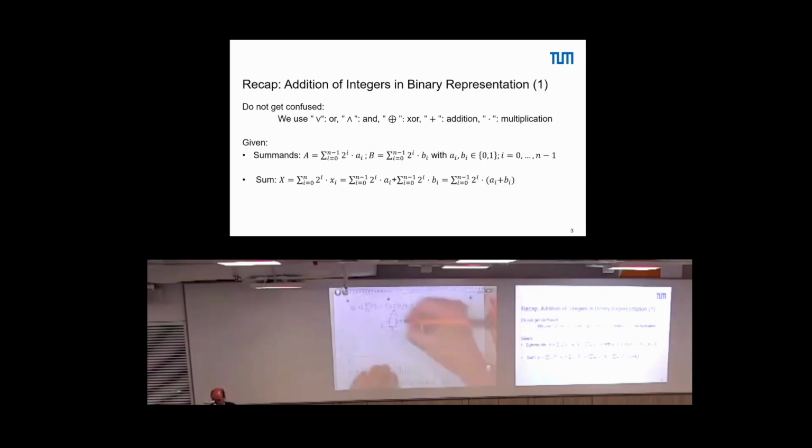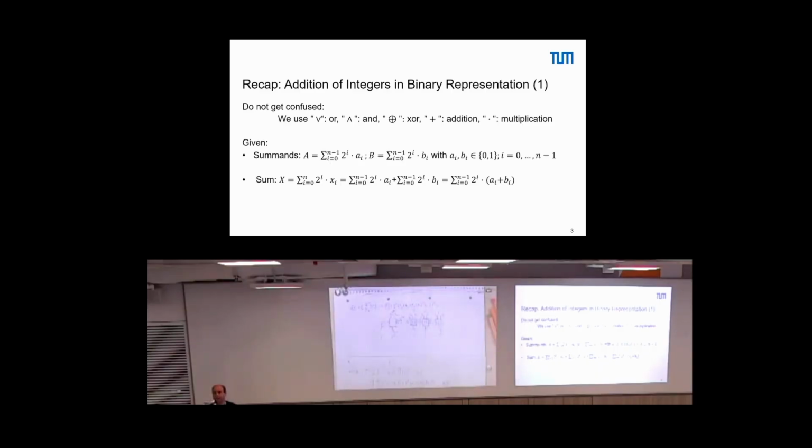Yeah? And the inputs here also correspond to 2 to the power of n minus 1.